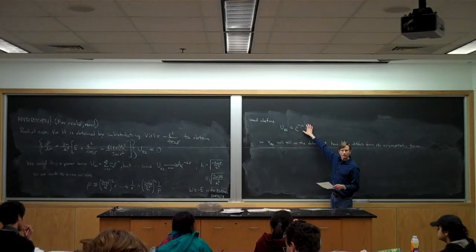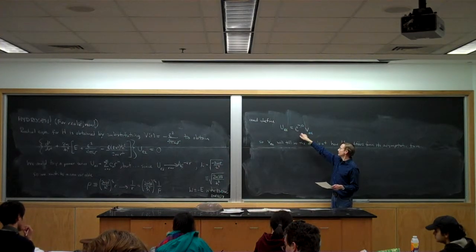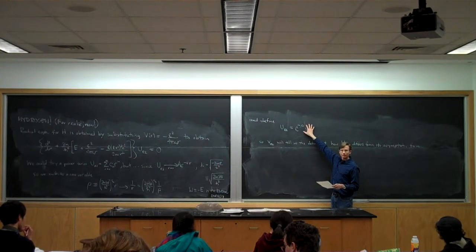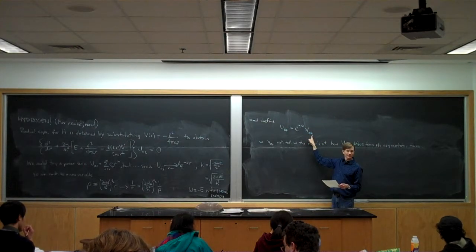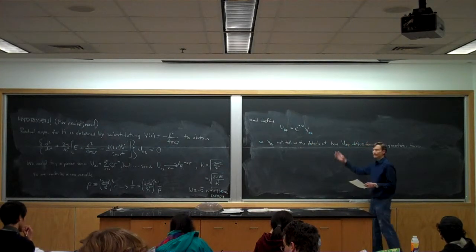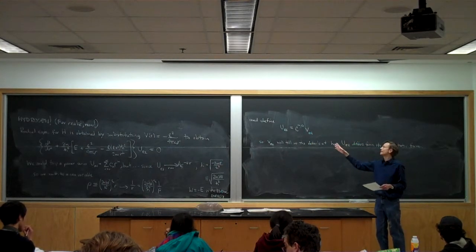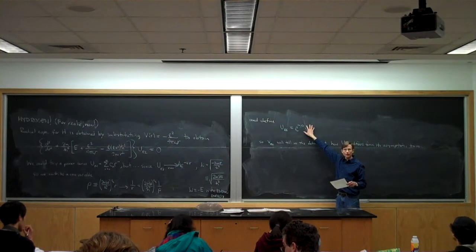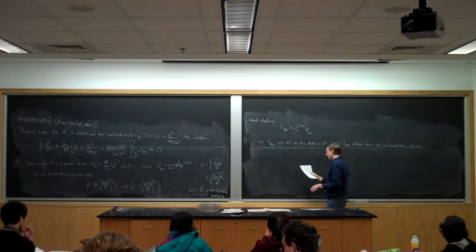Yeah. So we're saying that U_EL is what it does at large R times something that gives us the details of what it does at other values of R, so to speak. Yeah, so V_EL tells us the details of how U_EL differs from what it does at large values of R.